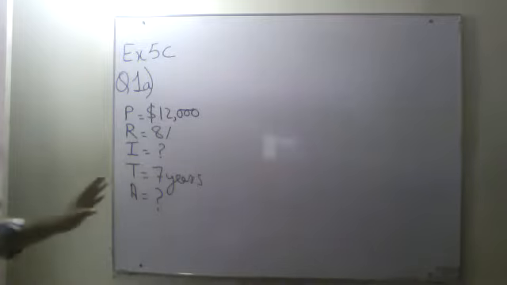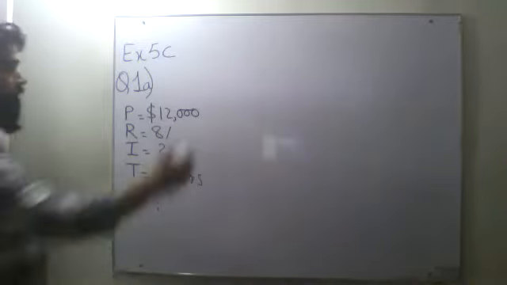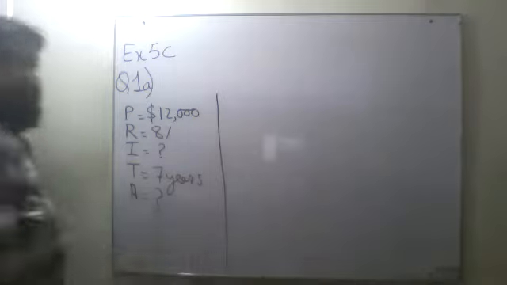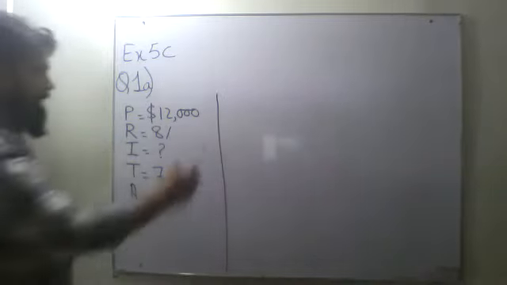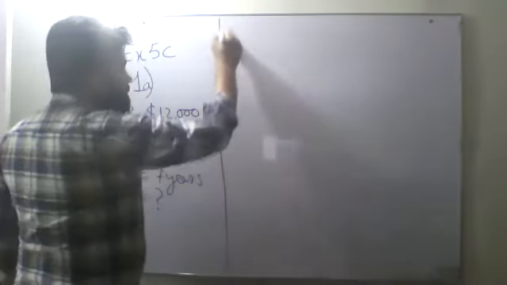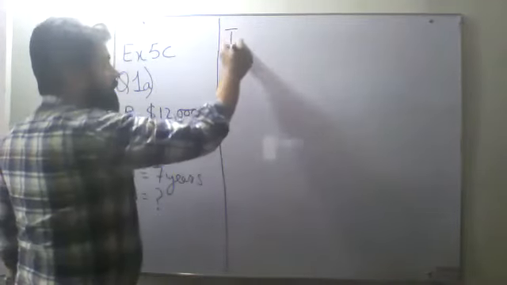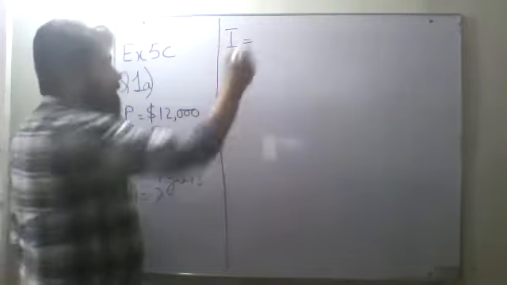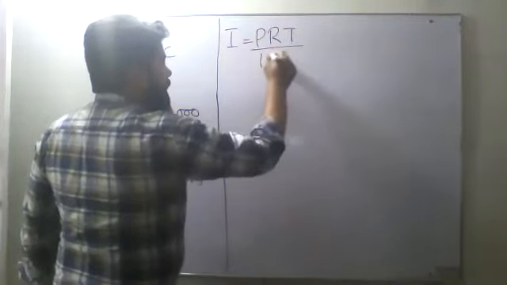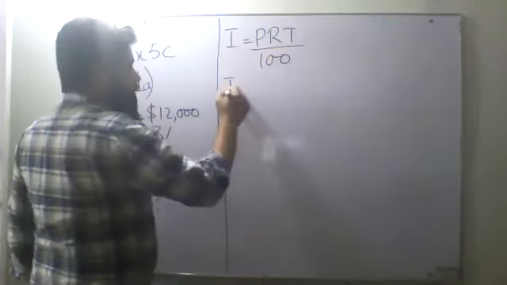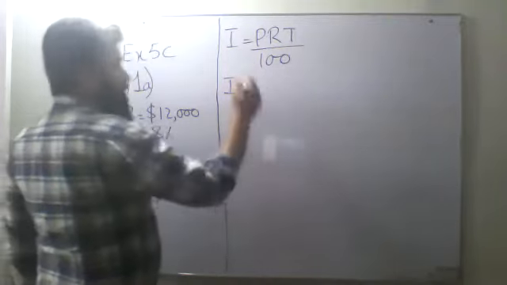Okay, so how will you start your working? First of all, I am going for I. I equals PRT over 100.